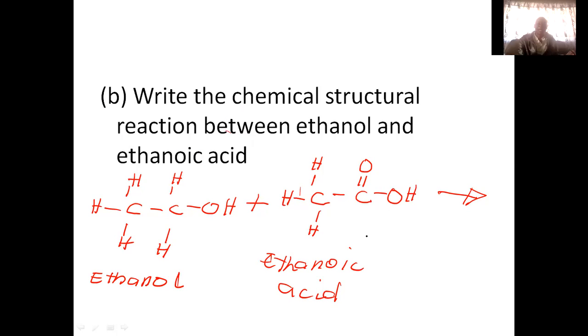This is done by, from the alcohol, you remove hydrogen, and from the acid, ethanoic acid, you remove the hydroxy group. So you remove this one, and here you remove that one.